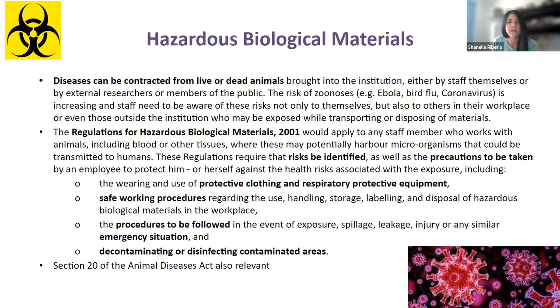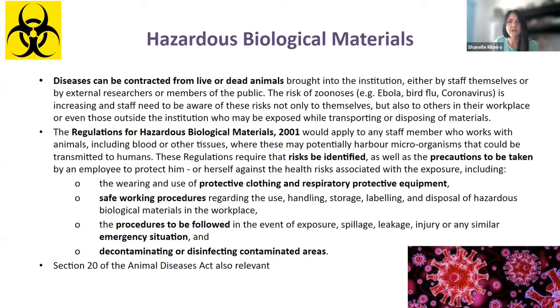And these precautions include a few things. So firstly, it's protective clothing and respiratory protective equipment, safe working procedures regarding the use, handling, storage, labeling, and disposal of the materials in the workplace, the procedures to be followed in the event of exposure, or in the event of a spillage, or a leakage, or an injury, or any other similar emergency situation.